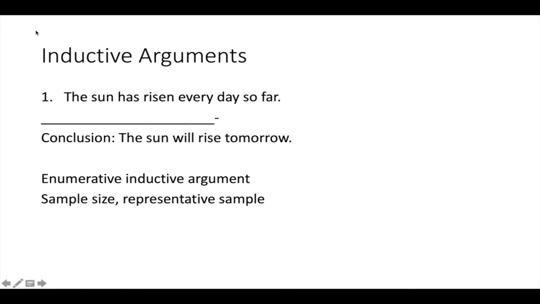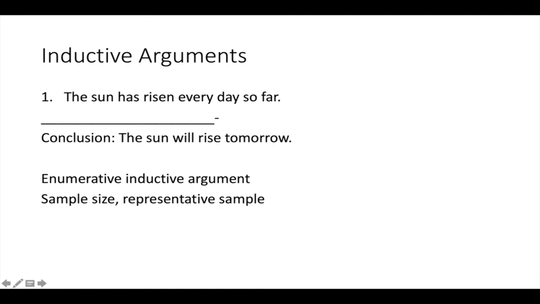That is, the more likely it is that the conclusion will follow. Okay? The other feature that we have to pay attention to is whether the sample is representative. Have we actually gotten a sample that represents what we're extending our conclusion to cover?